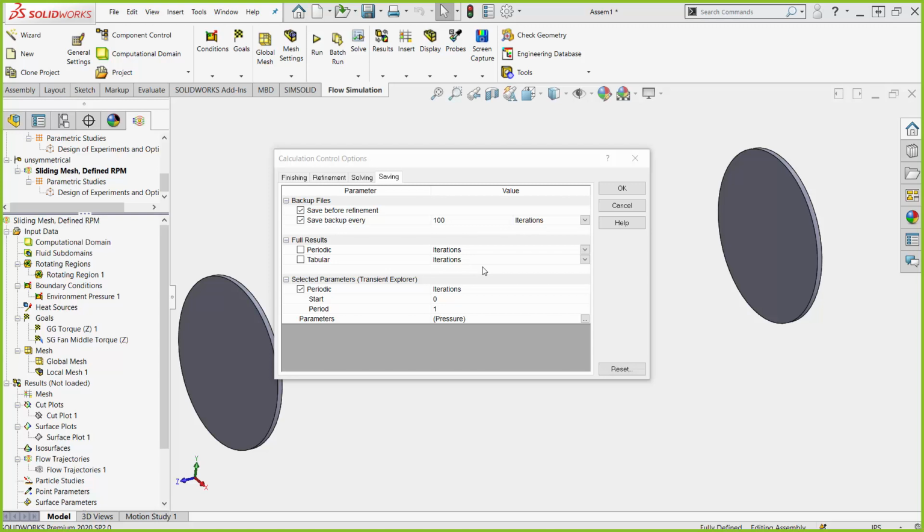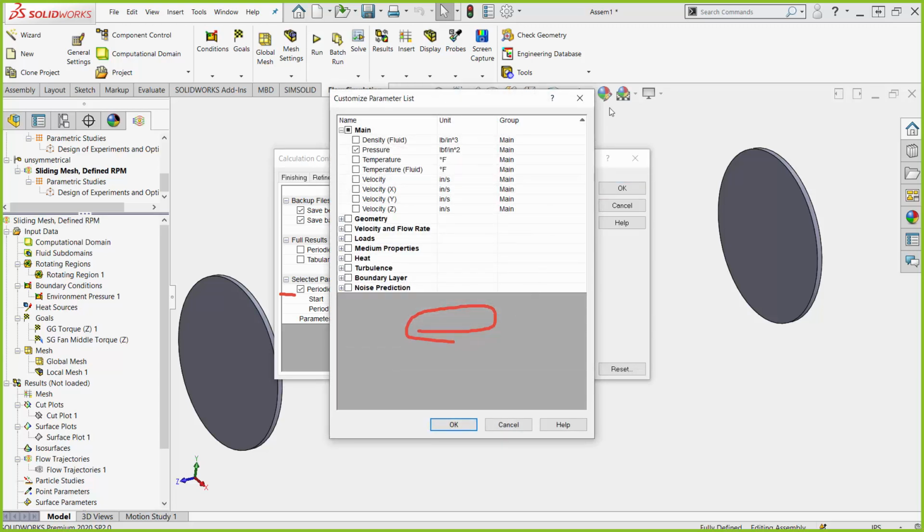What will happen by default is I'll get a full set of results for the very last time step, 0.08 seconds. And then I additionally turn on this transient explorer. Okay? This gets me what I desire, what I choose to track visually over all 100 time steps. So in this case, I've chosen to only track pressure.